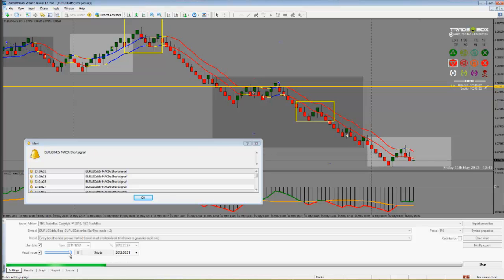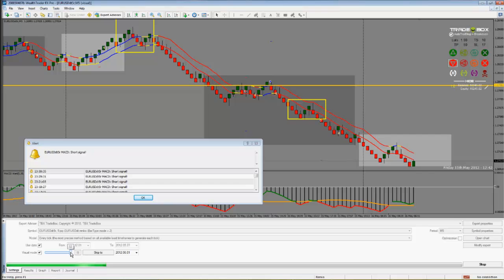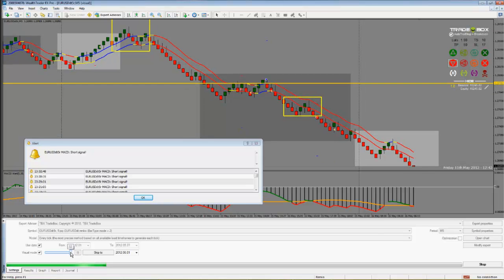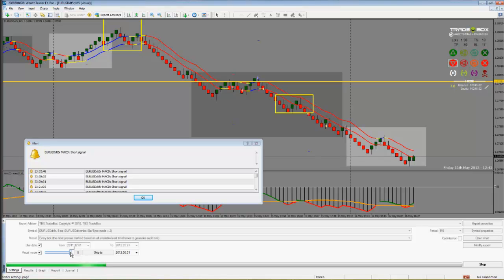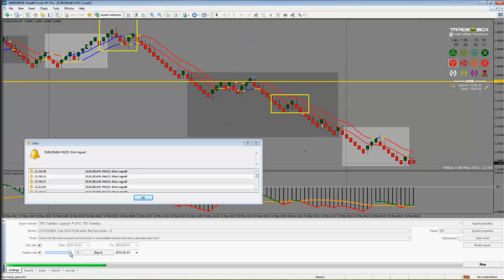And that's been a nice move in the Asian session. Now we're coming out of Asia. Let me speed that up for you. The momentum's been on the downside for a while, and it's going to slowly start to turn up. That's what I would expect.